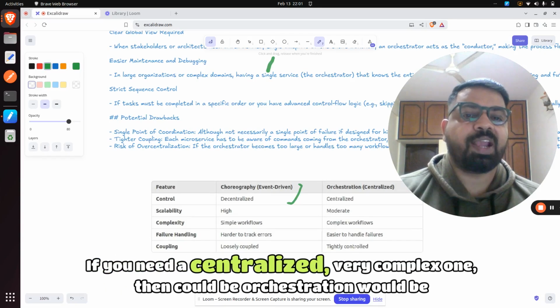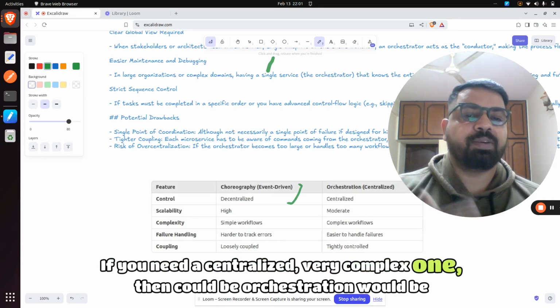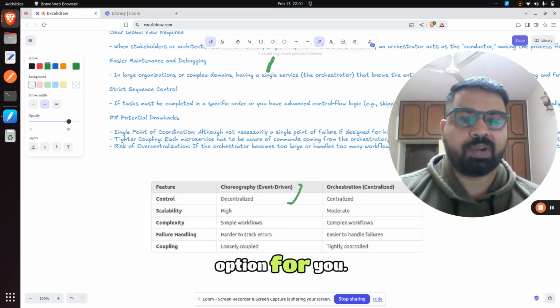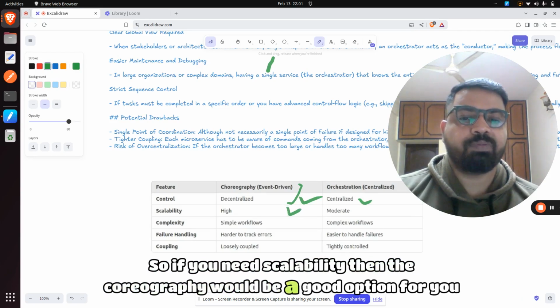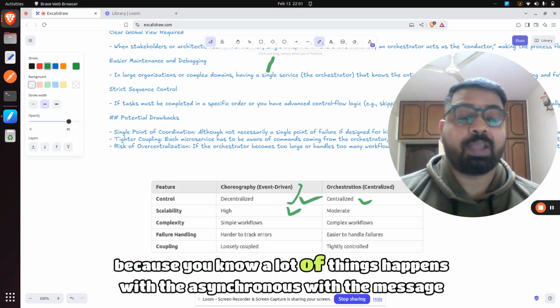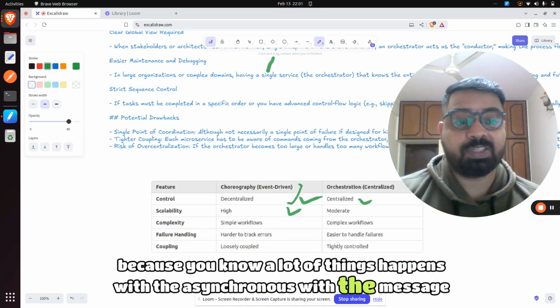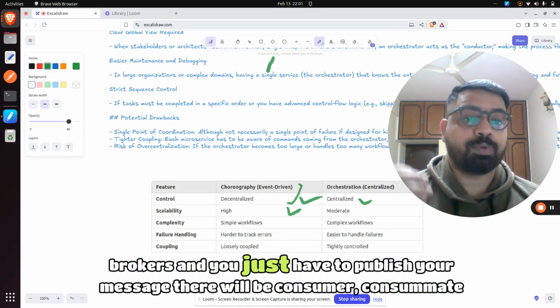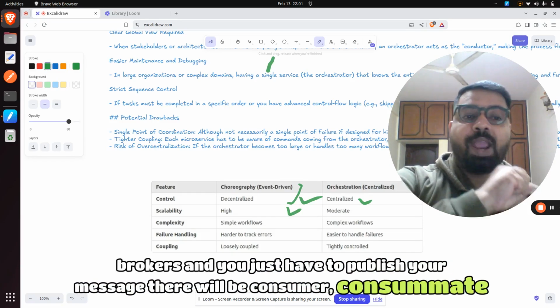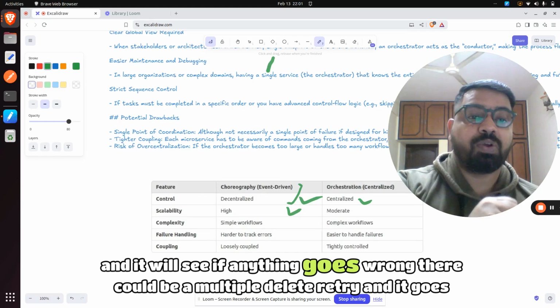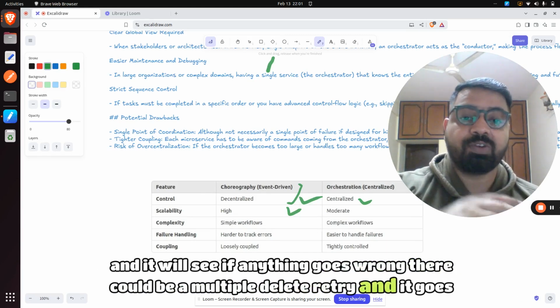If you need a centralized, very complex one, then orchestration would be the option for you, right? If you need scalability, then choreography would be a good option because a lot of things happen asynchronously with the message broker, and you just have to publish your message. There will be a consumer, and it will see if anything goes wrong. There could be multiple retries and it goes very smoothly.